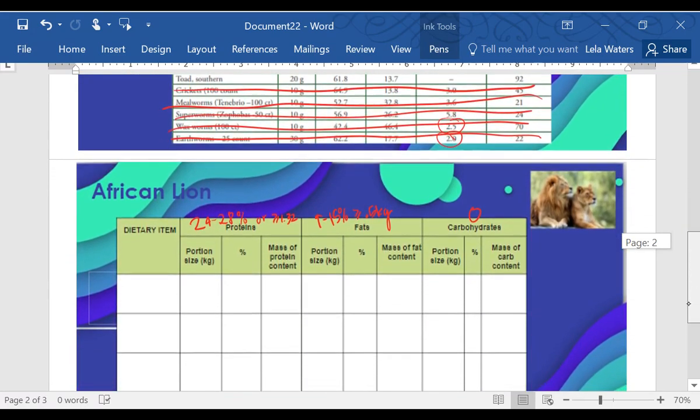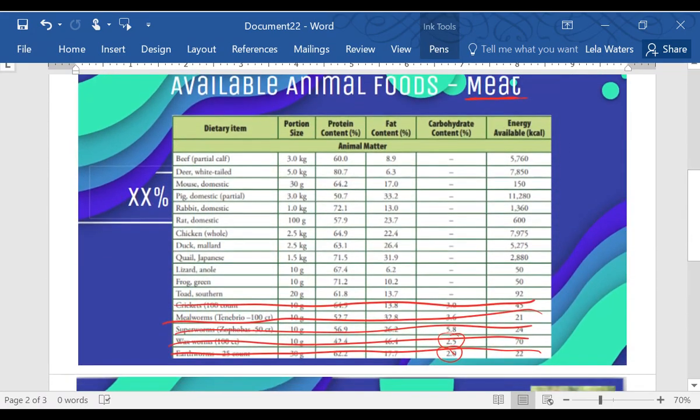Fat should be 9 to 15% of the animal, and so I'm going to look for things that are too low. So this beef is 8.9. That's pretty close, but it's a little bit too low. 6.3 is too low. Here, let's see. Oh, this lizard has only 6.2% fat. That's a little bit too low, so I'm going to cross out the lizard.